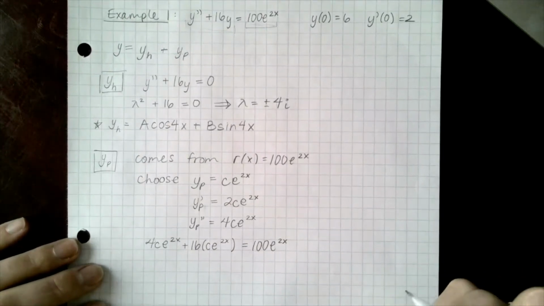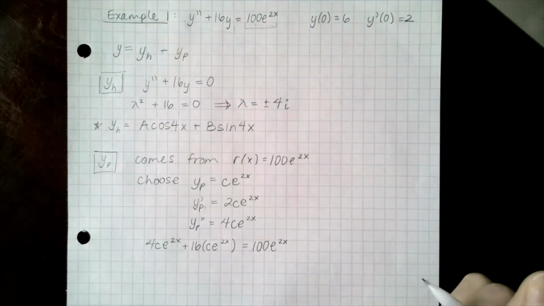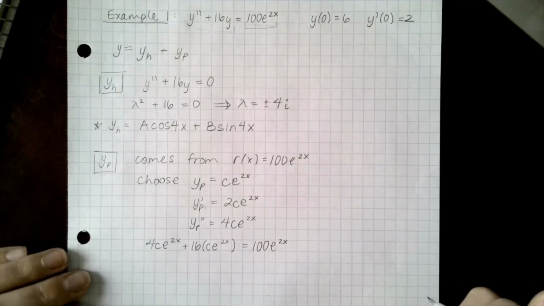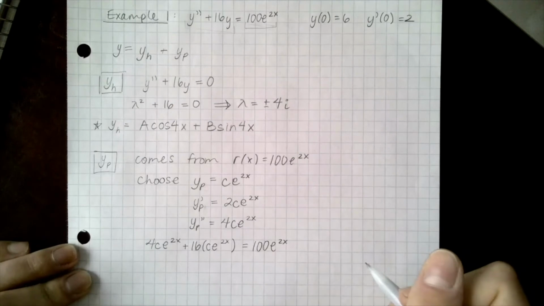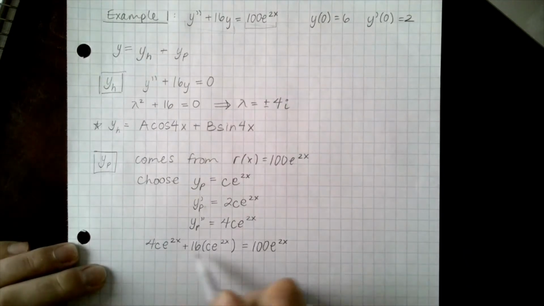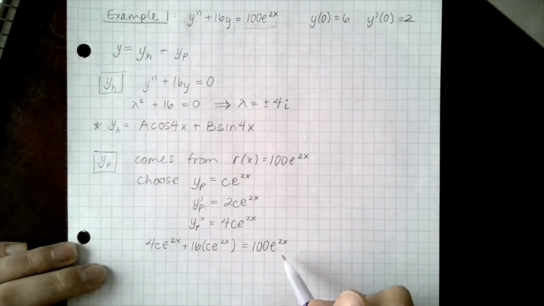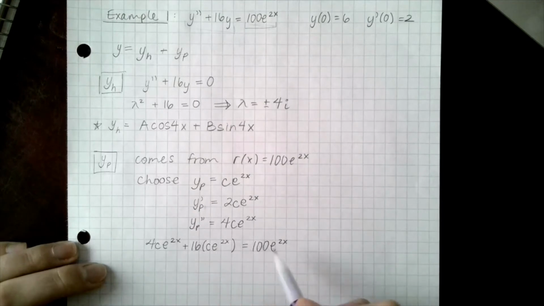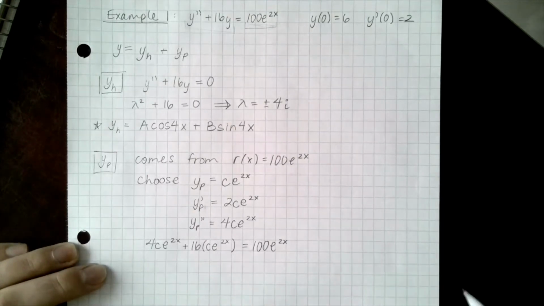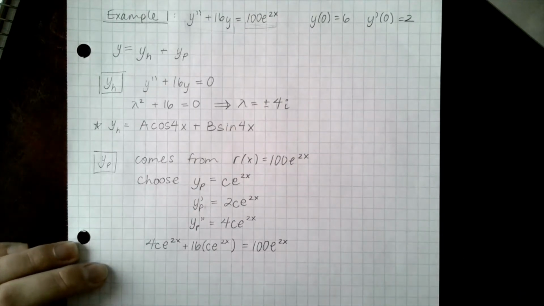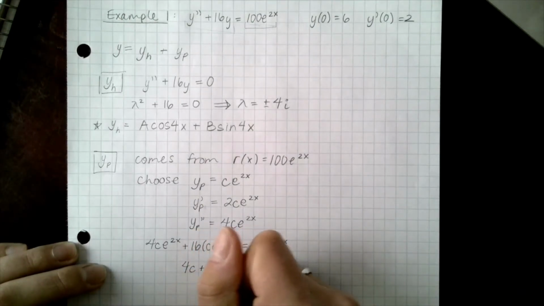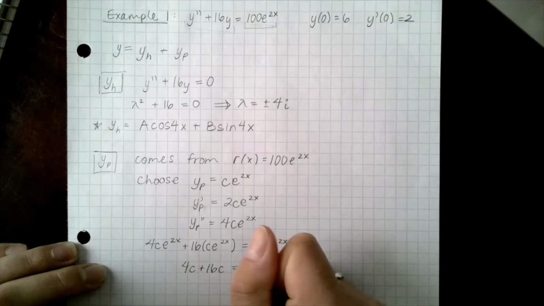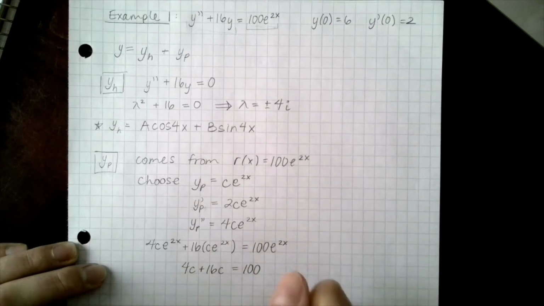Okay, and then I'm just going to solve this for c by taking the coefficients on e. Throughout all of this, we're just going to equate our coefficients because we have e to the 2x in all of these terms, so we're going to disregard those for the time being. We say, if I have 4c plus 16c, that's going to equal 100, and we solve for c.